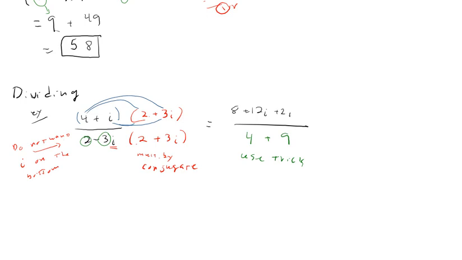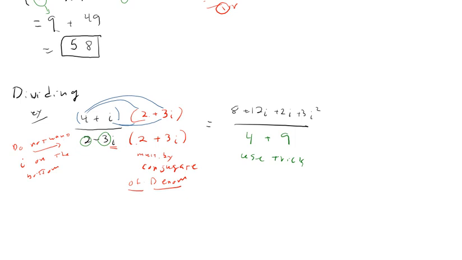So I do regular foiling, distributing on the top. Bottom, I can use my conjugate trick. It's always the conjugate of the denominator, the bottom one. No i's on the bottom, i's up here.